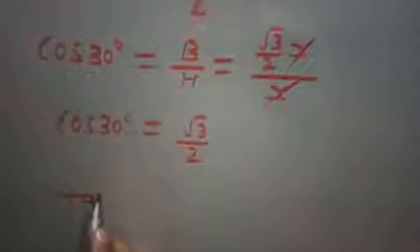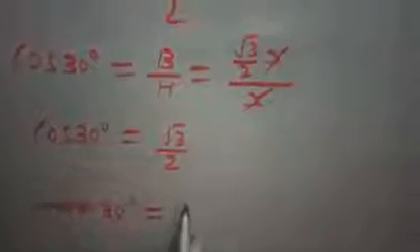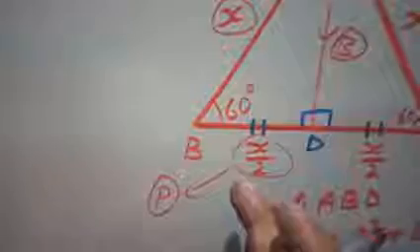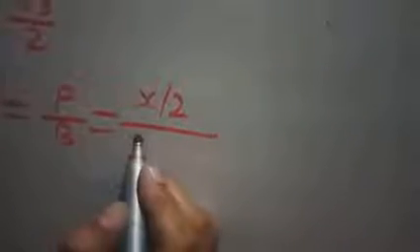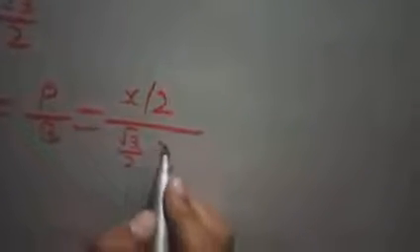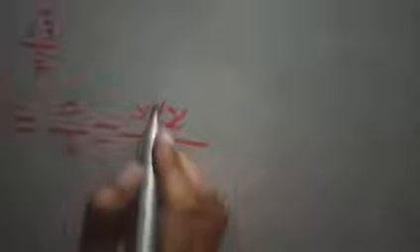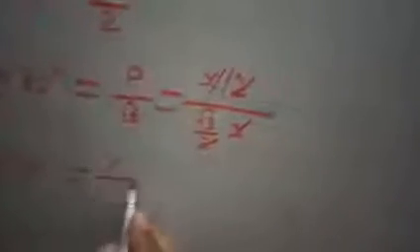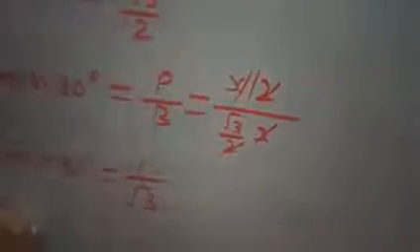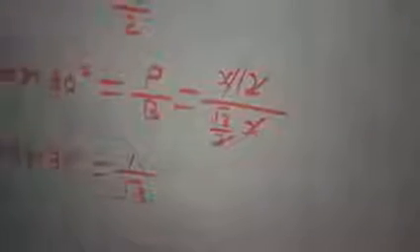If we find tan 30, so that is perpendicular upon base, and this time perpendicular is, this is the perpendicular, so x by 2 and base is root 3 by 2 x. Now 2 cancel, x cancel. So here tan 30 equals to 1 by root 3. So that is the way we can find tan 30, cos 30 and sin 30.